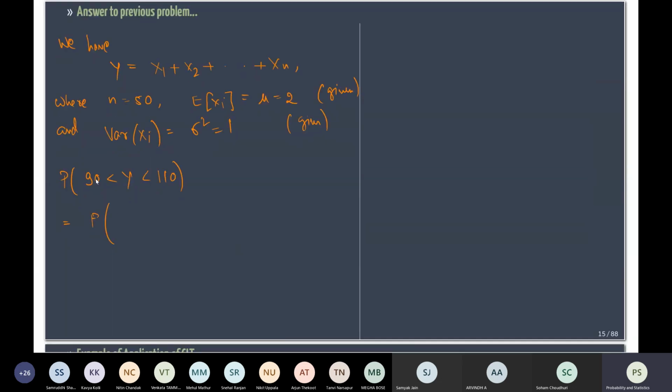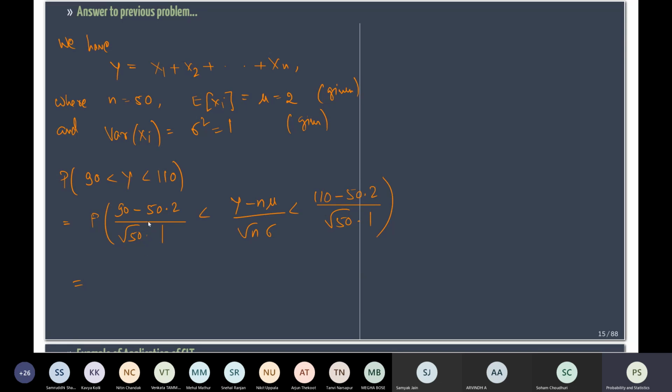So y1 minus n mu divided by square root of n times sigma is less than Y minus n mu divided by square root of n sigma, which is less than y2 minus n mu divided by square root of n times sigma. So what do we have here?